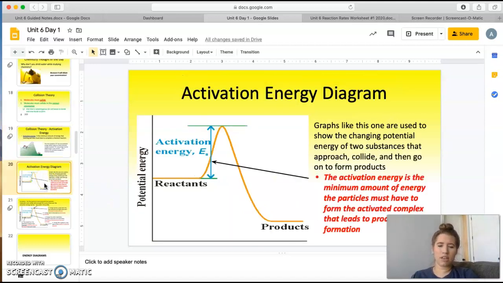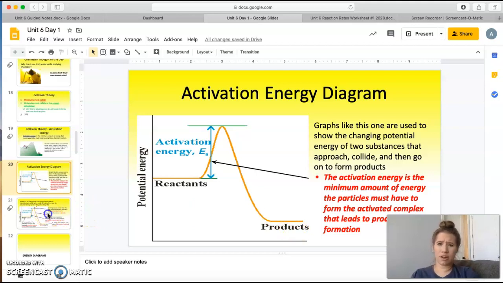We see this in energy diagrams. Here's the potential energy, and this is the reaction occurring. Everything starts as a reactant, and then we have to gain enough energy for that collision to happen, to reach our activation energy. And usually at that point, energy is released. Not always, but usually. And then that results in our new product.